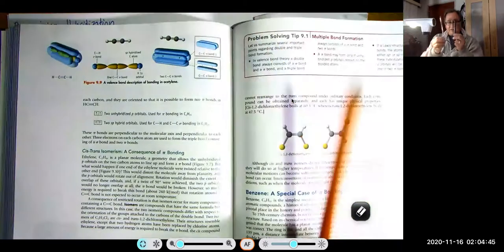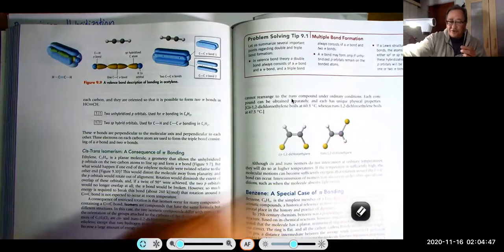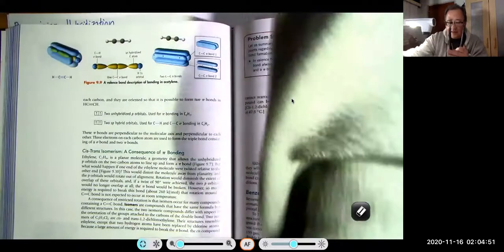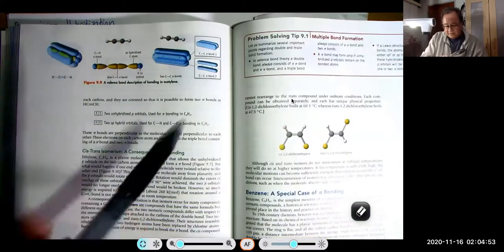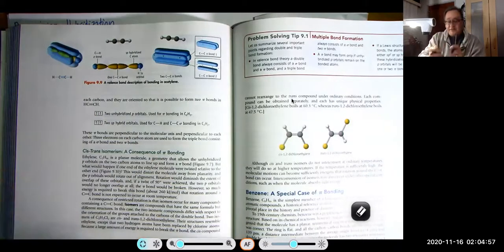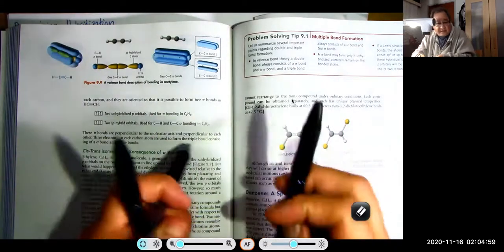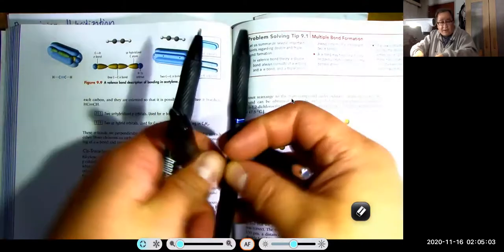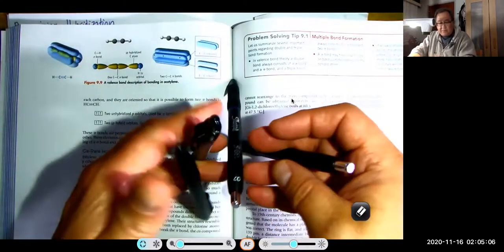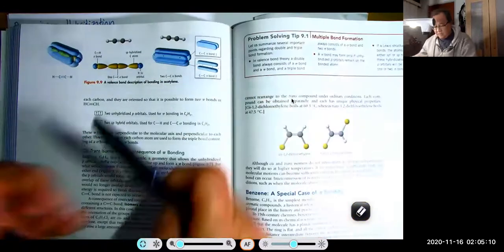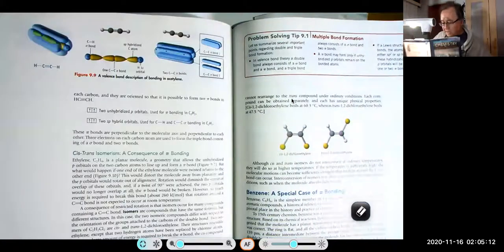So these two are parallel. Actually, I should use two pens that are the same. These two are parallel, and these two are parallel. I don't know if you can see that. Actually, if I hold it like this, you can kind of see what's going on. So these two can form a pi bond. And if I drop those, these two can form a pi bond. Okay, so it's pretty complicated looking.